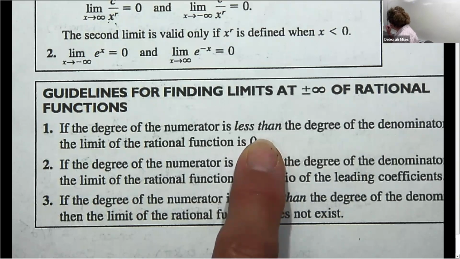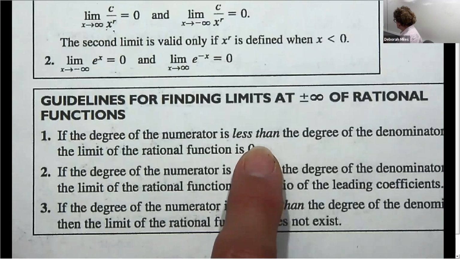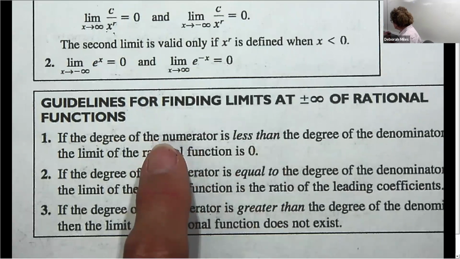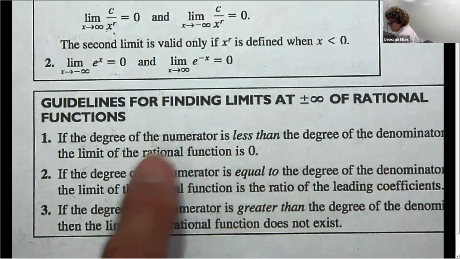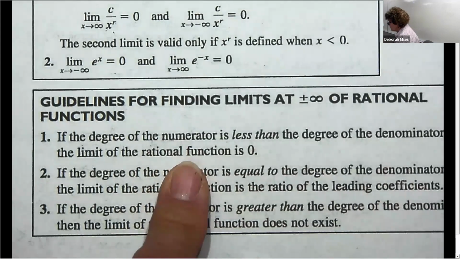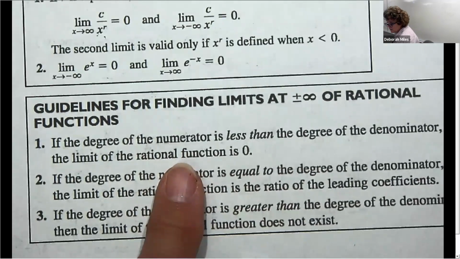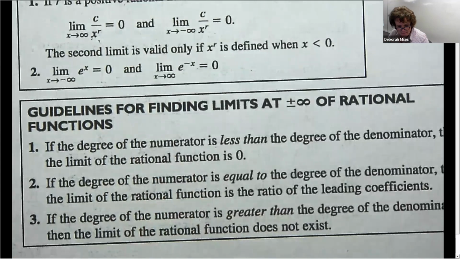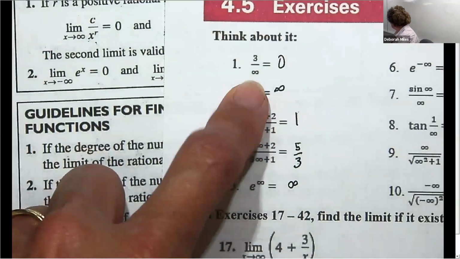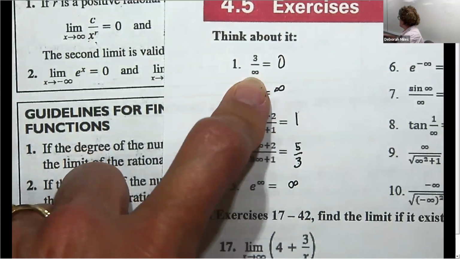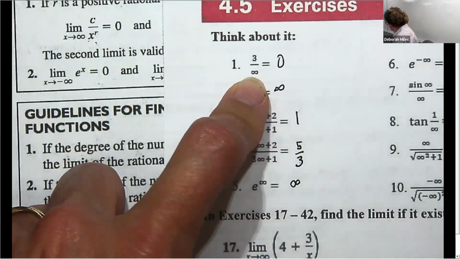If the degree of the numerator is less than the degree of the denominator, that means the numerator is getting big more slowly than the denominator, so the whole fraction is going to 0. And that matches what we said here. If your numerator is a constant, you divide it by infinity, you're going to get 0.